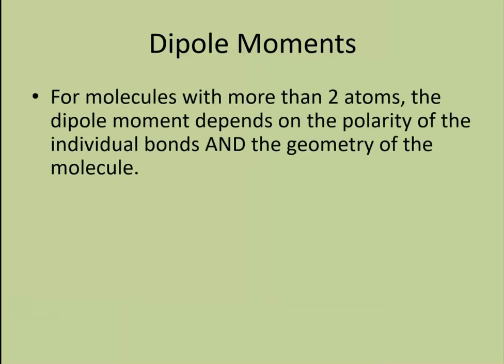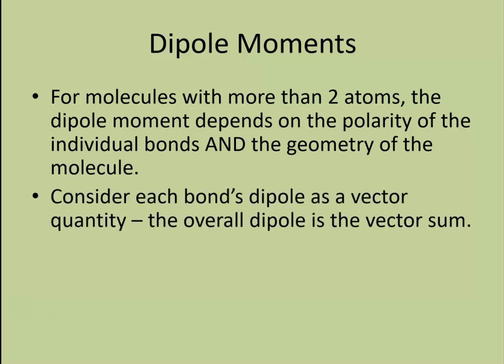As we talked about the other day in class, when we were looking at slides with electrostatic potential maps, I was also showing some molecular models in my hand. If a molecule has more than two atoms, then whether or not the molecule itself is polar depends not only on the polarity of the individual bonds, but also the shape of the molecule.